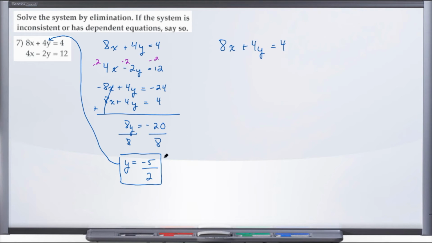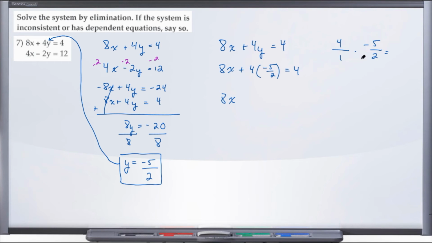And again, we're going to take this value of y and replace the y and plug in that negative 5 over 2. So we have 8x + 4 times negative 5 over 2 equals 4. And so now we have 8x, and now we're multiplying fractions here, right? So we're multiplying really 4 over 1 times negative 5 over 2.